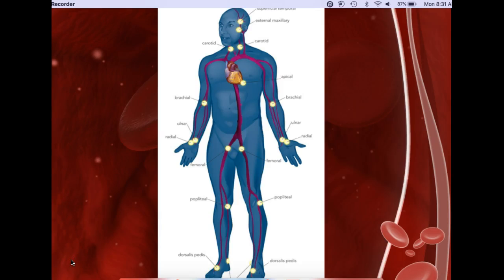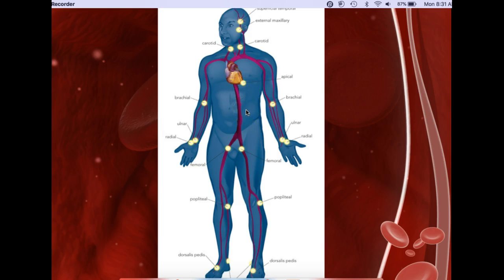When we're talking about a peripheral vascular assessment, what we're talking about is circulation and making sure that there's adequate perfusion peripherally. So when we did the heart and neck vessels, we talked about the carotid arteries here and also the apical pulse for the central vessel circulation.